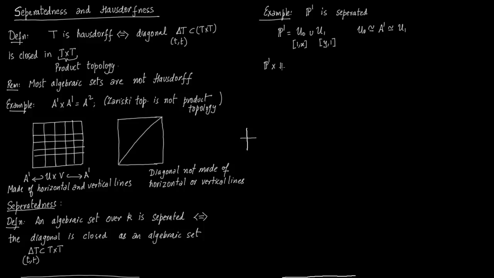So now we want to show the diagonal is closed. So first we need to find P1 times P1. So you have U0 times U0 union U0 times U1 union U1 times U0 union U1 times U1.